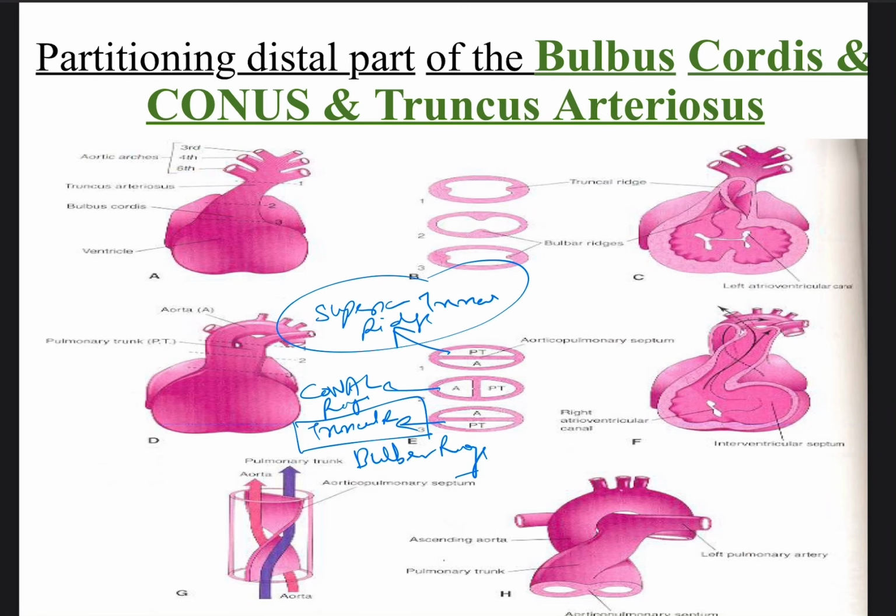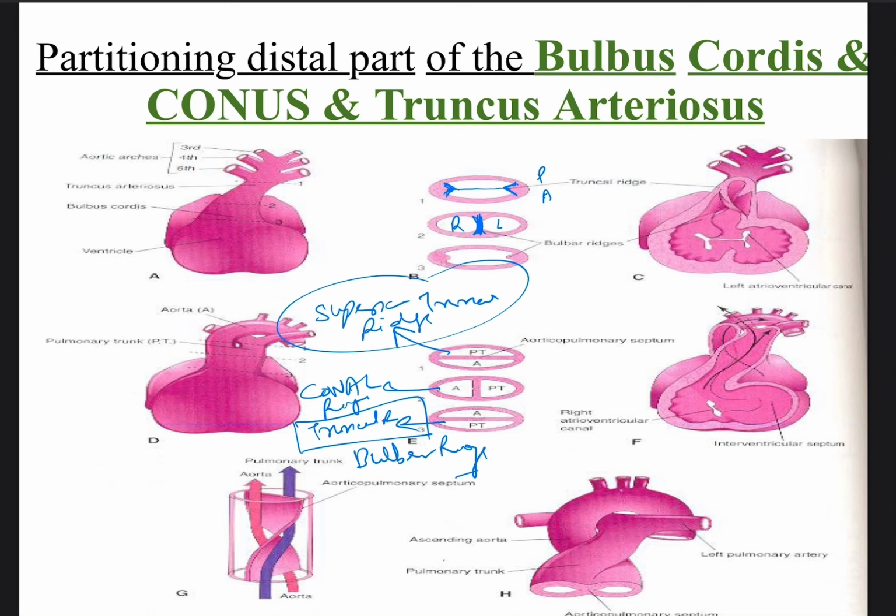If you see carefully here, this conal ridge is developing in the anterior posterior direction, so it divides into right and left, while the uppermost and the lowermost truncal ridges are developing laterally, so they divide into anterior and posterior.